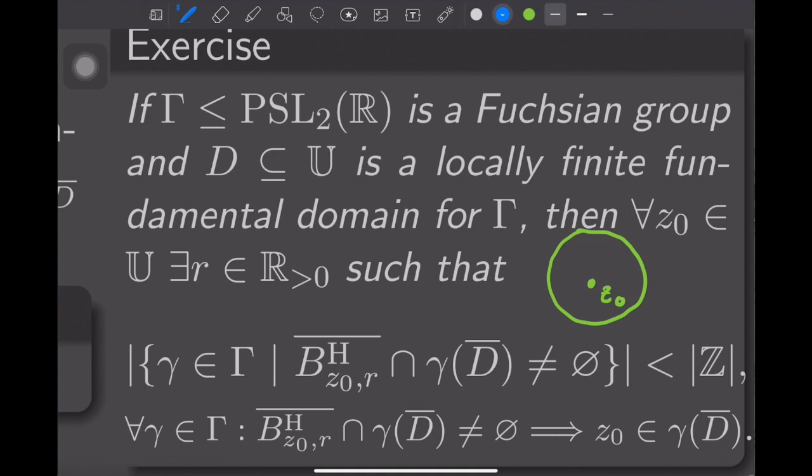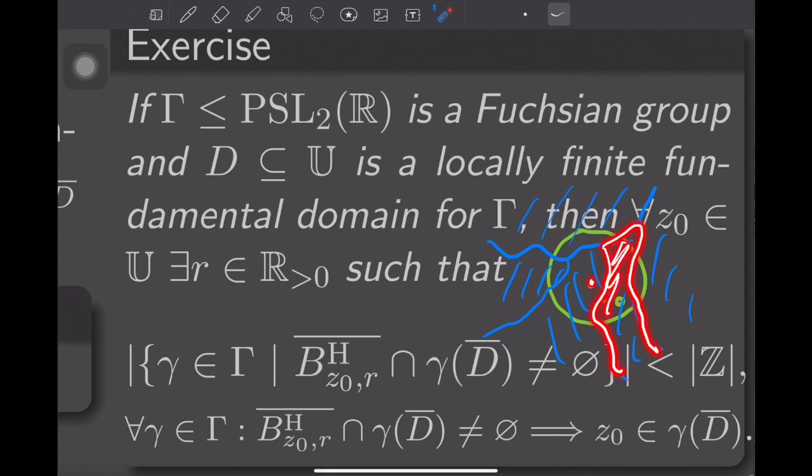The picture is more or less the following. Let's say this is one of those gamma translates of D bar, like this, and then there's another one, and another one, and here another one. In this one that I drew here, Z naught does not belong to that image.